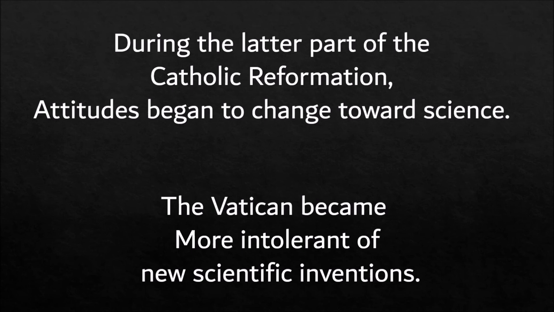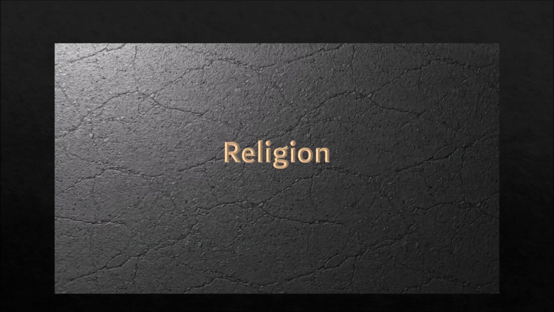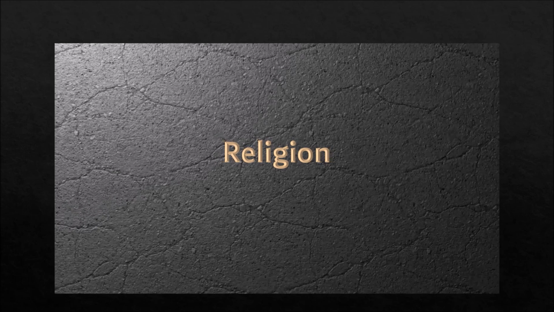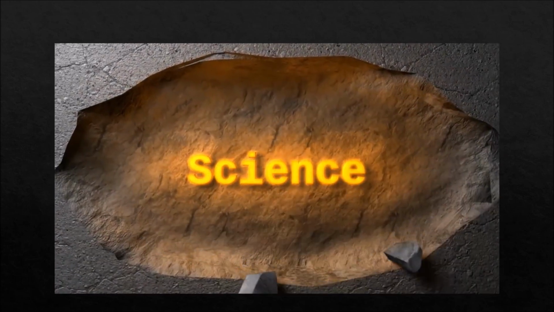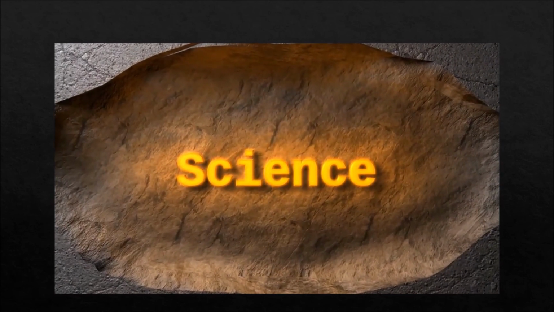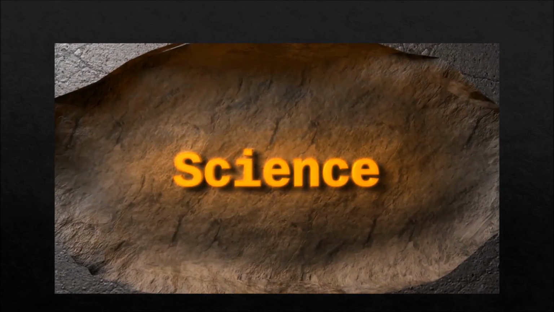That is not the case today. In fact, the Vatican owns its own observatory and scientific laboratory for studying the heavens. But it is true then that religion, the Catholic Church, was a wall against science. And science began to break through that wall.